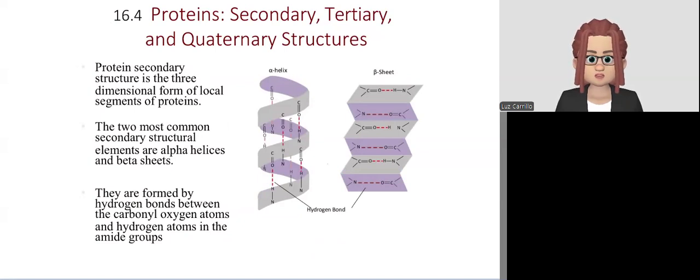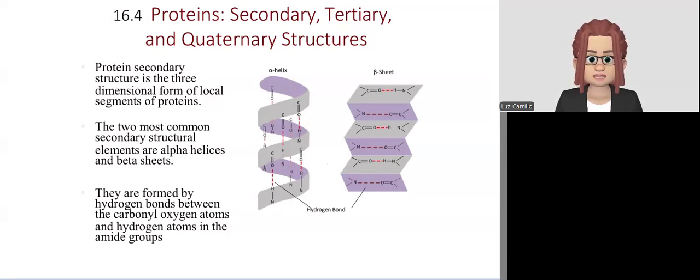There are two conformations that can be prepared when it comes to that. The first one is an alpha helix. And an alpha helix looks like a winding staircase. This winding staircase is formed by the hydrogen bonds that are going to happen between the carbonyl oxygen atoms and the hydrogen atoms in the amide groups. And these are all in the peptide bond.